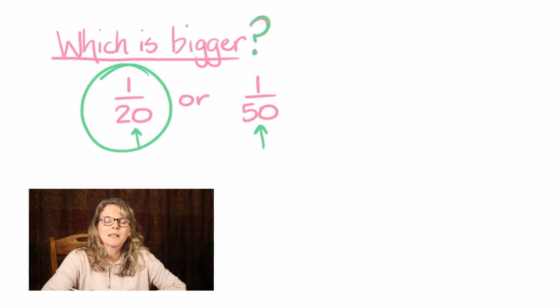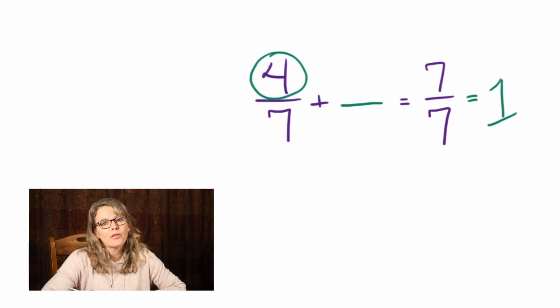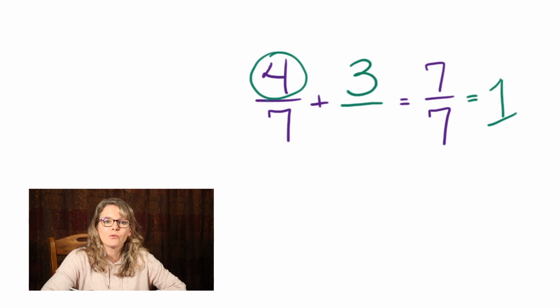Lastly, let's practice how to make one whole. Take a look at this one. We have 4/7 plus what? Equals 7/7 or 1. So think about those pizzas. If I ate 4/7 of them, how many pieces are left over? Well, if I ate 4, then 3 would be left over, so 3/7 would be the answer.